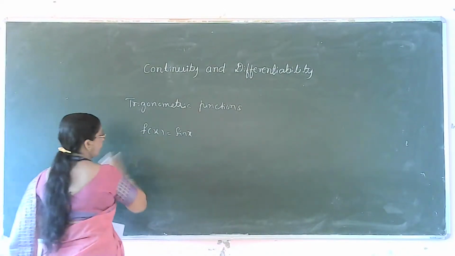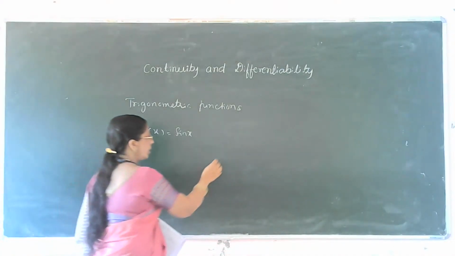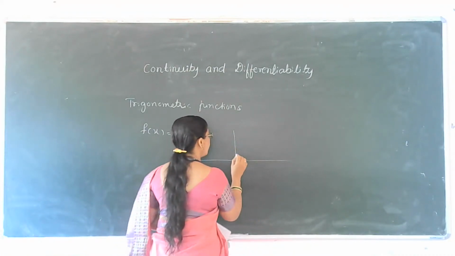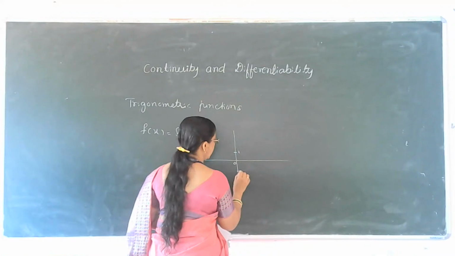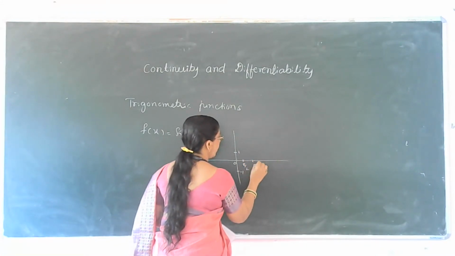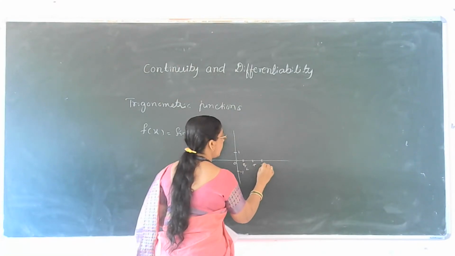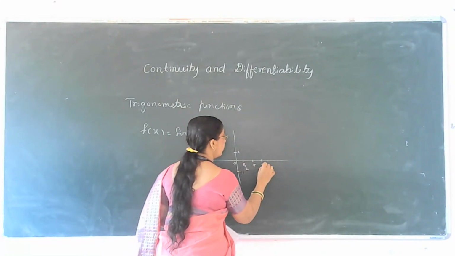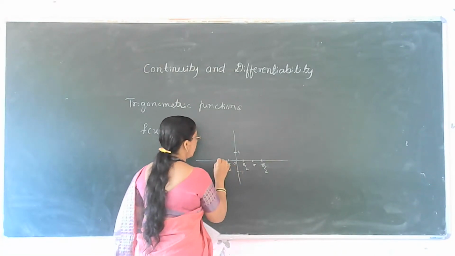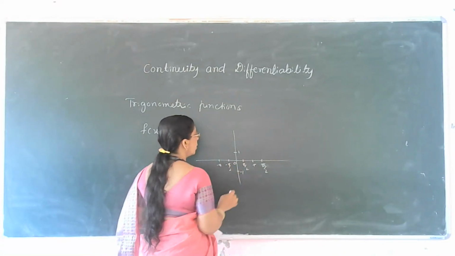Sin x is a trigonometric function, and you already studied the graph of this function. This is 0, this is 1, this is minus 1. Then pi by 2, 3 pi by 2, and so on. Here also minus pi by 2.